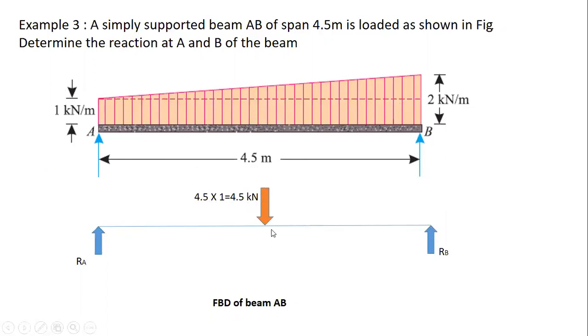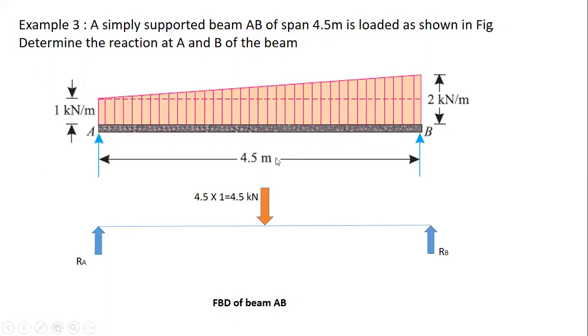Now we have defined the magnitude. The direction will be, since it is acting in the downward direction, the resultant force will also act in the downward direction. So the 4.5 kilonewton will be the total magnitude of this rectangular portion. Now we have to find the point of application. In case of UDL, we know that the centroid will be at the center.